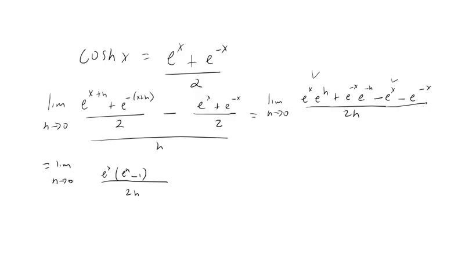And because I'm going to speed up the limits, I'm going to make two limits. So it will be plus limit as h approaches 0 of, and now we're going to combine this one with this one. So I'm going to pull out an e to the minus x, and then now that will be e to the minus h minus 1, all over 2h.